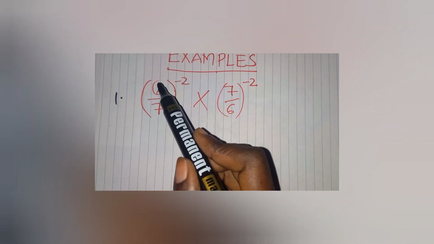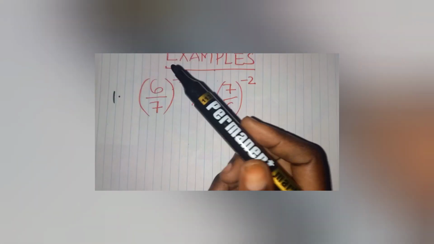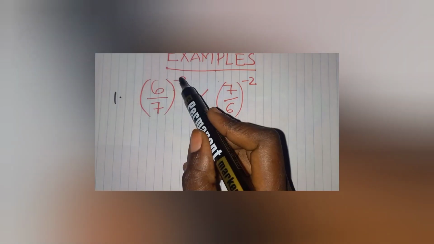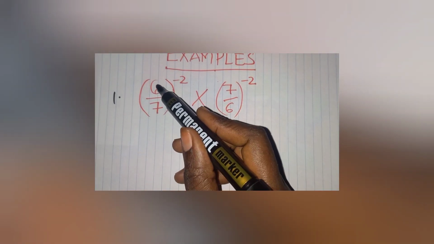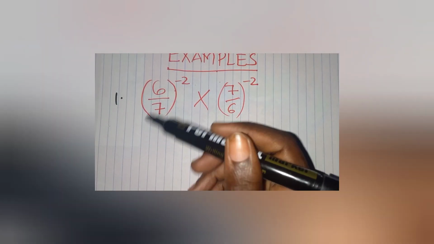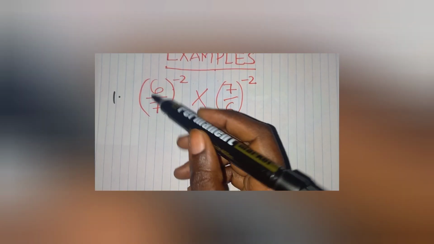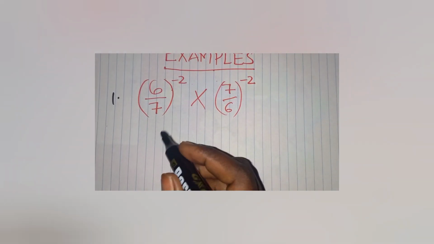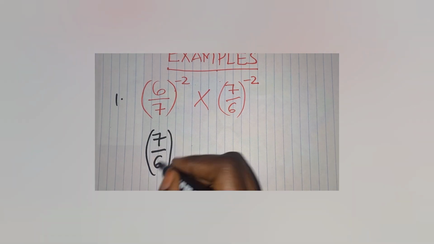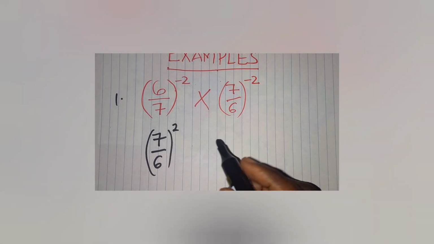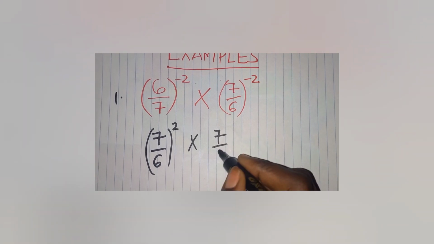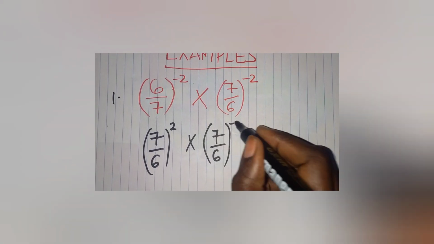In law number 6 that I gave you, we said that if you have a negative power, you can change this to the reciprocal to get rid of the negative. So (6/7) raised to power negative 2 will be equal to (7/6) raised to power 2, times (7/6) raised to power negative 2.